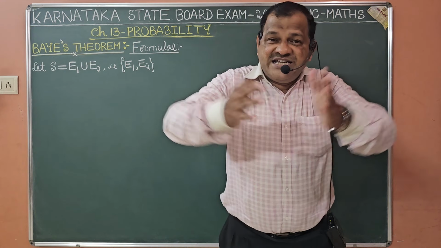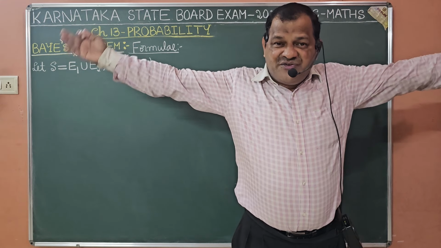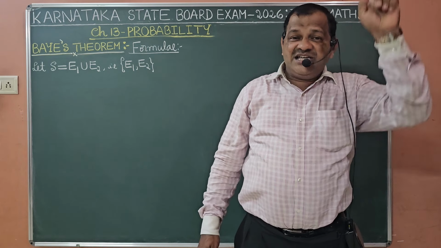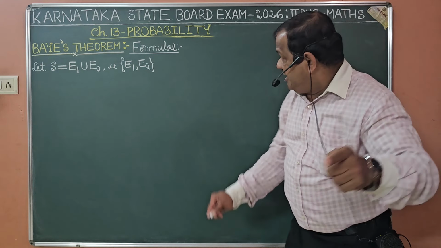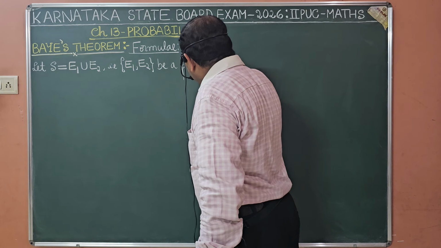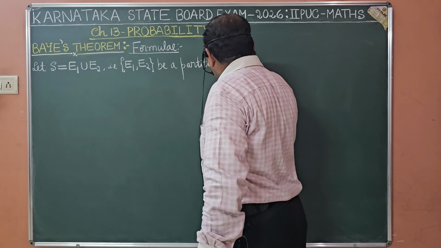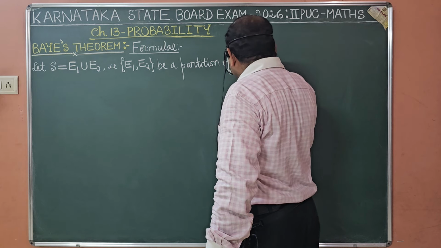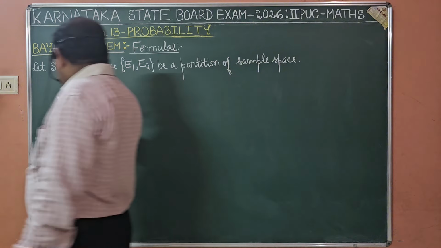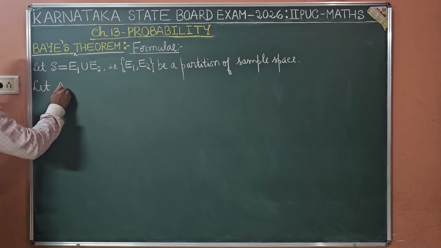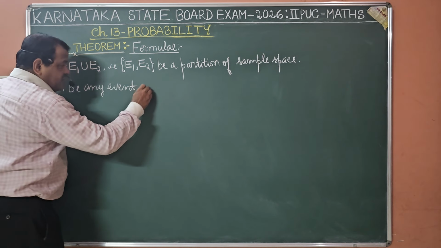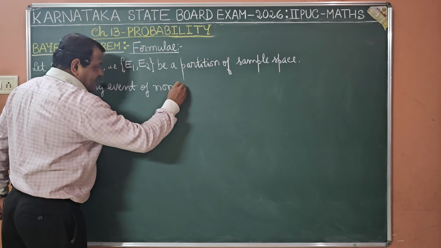We don't go for n number of events because it is difficult. Let us go for only two events. Let the set containing E1 comma E2 be a partition of our sample space, and let capital A be any event of non-zero probability.